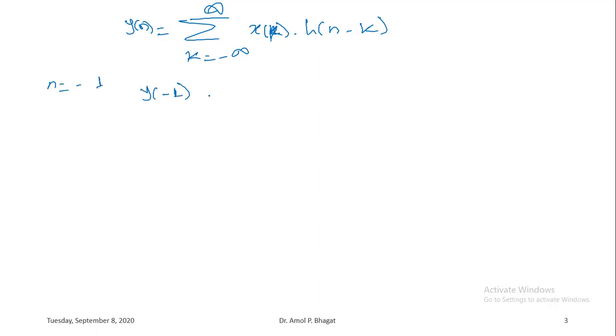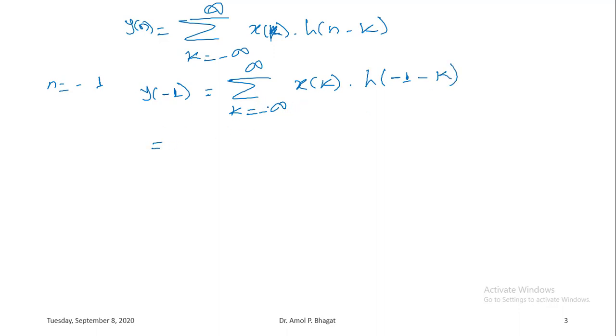To compute it mathematically, you use the formula, the sum over k from minus infinity to infinity of x of k into h of n minus k. Initially we will substitute n equals minus 1 in this formula. So y of minus 1 is the sum over k of x of k into h of minus 1 minus k.